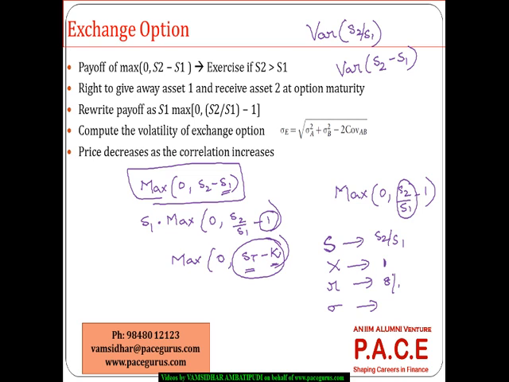We can see that the variance of S2 by S1, we'll see if I am trying to find out the variance of S2 minus S1, which comes out as variance of S2 plus variance of S1 minus 2 covariance of S1, S2. Let's look at these two things with the example.